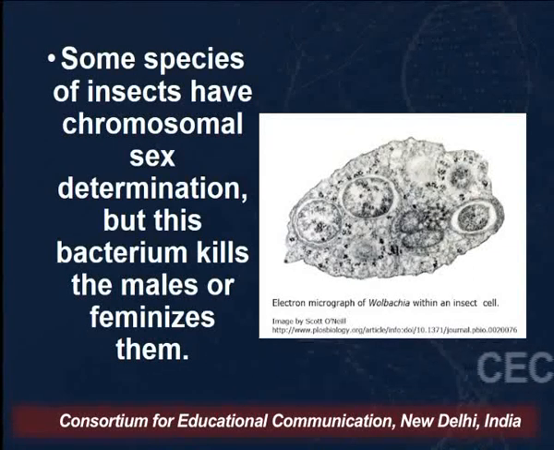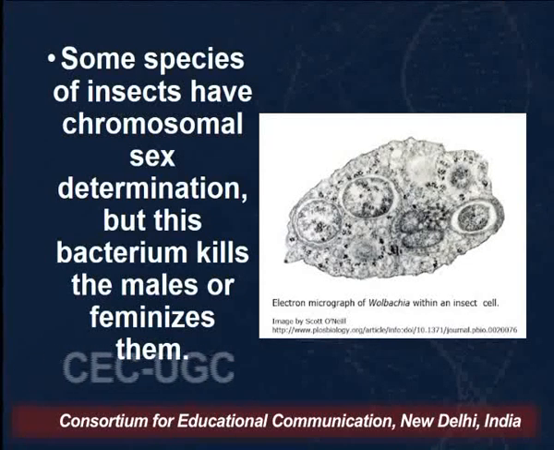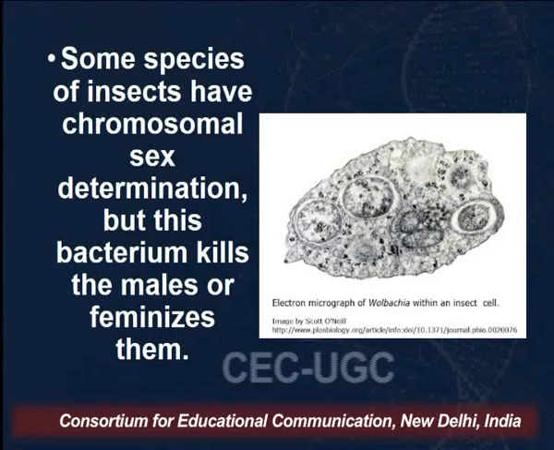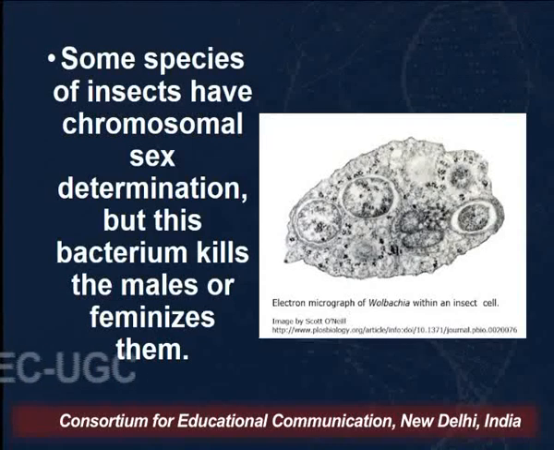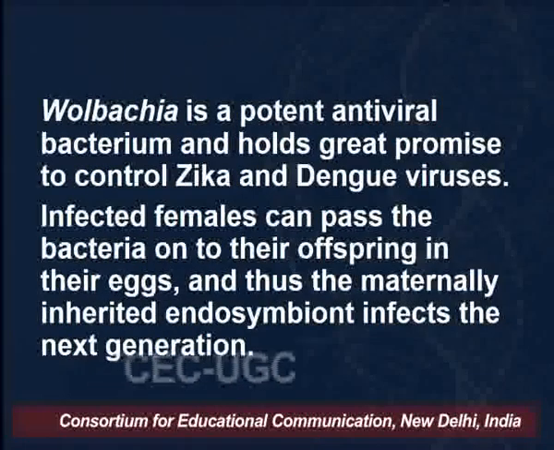On your screens you can see an electron micrograph of Wolbachia. This is within an insect cell, and it is infecting and changing the sex of an individual with the help of its secretions.